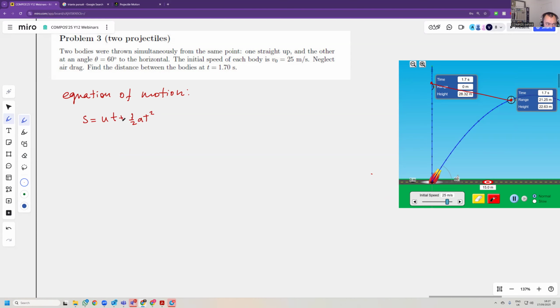Remember, S is a vector, and u is a vector, and a is a vector. And S is actually the change in position.